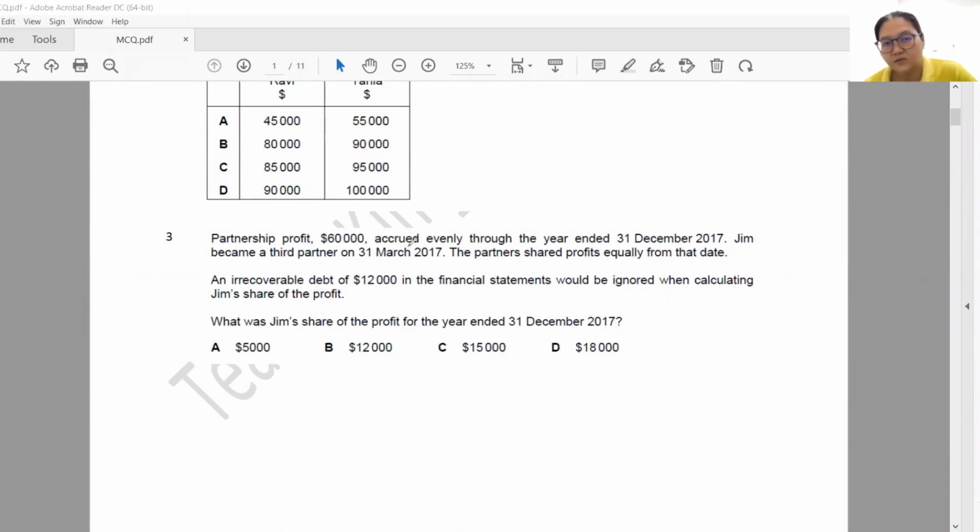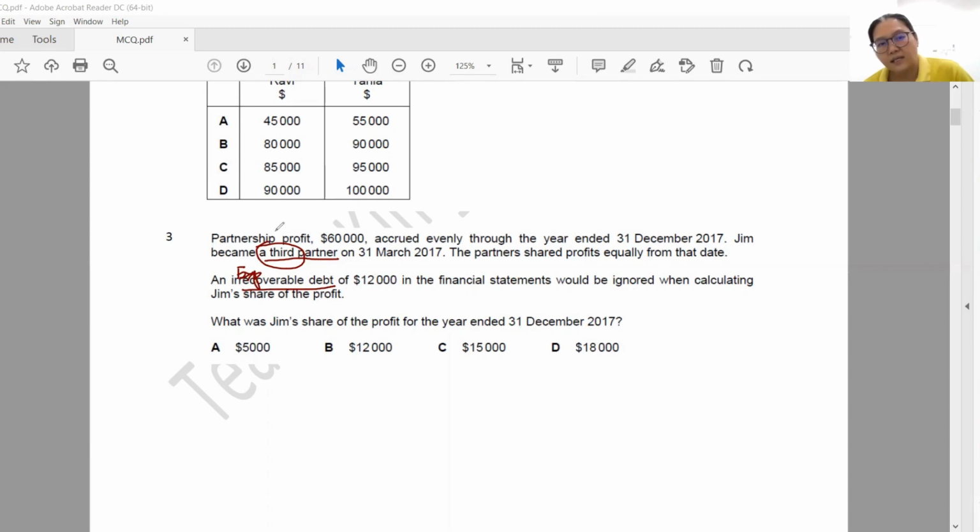Partnership profit of 60,000 accrued evenly through the year ended 31st December. Jim became a third partner on 31st March. The partners share profit equally from that date. An irrecoverable debt of 12,000 in the financial year reduced the profit and will be ignored when calculating Jim's share of profit.